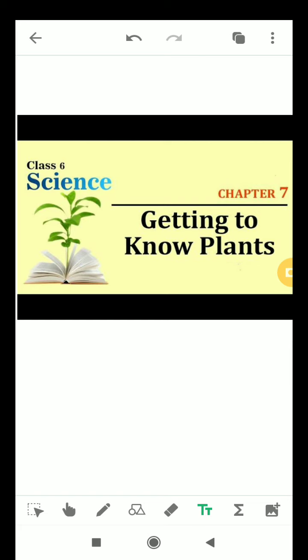So let's start. Plants: I'm sure that most of you have observed the plants in the school garden, or at home, or in a nearby park. Have you ever noticed whether they are all of the same kind? You have found that no, they are not of the same kinds.